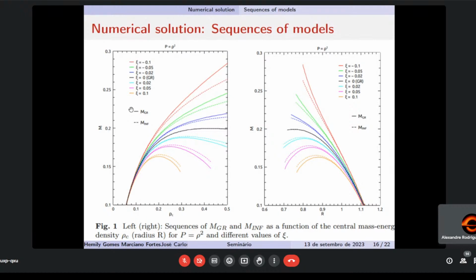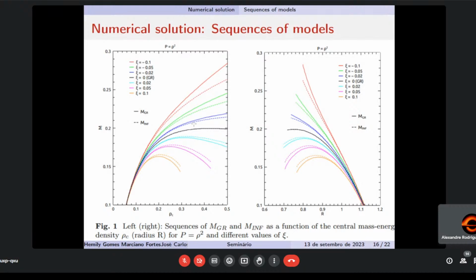There are two curves, the dashed one and this one, because there are different ways to perform the calculation of the mass, as I said before. But the important thing here is the black one is general relativity when you have Xi equals 0.